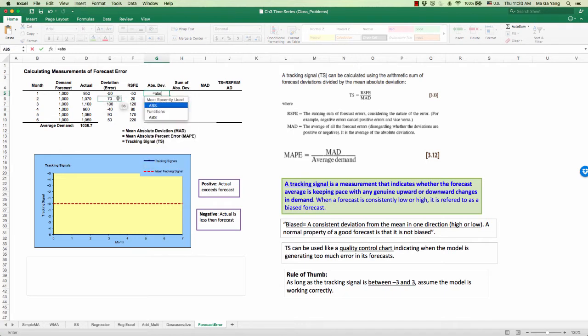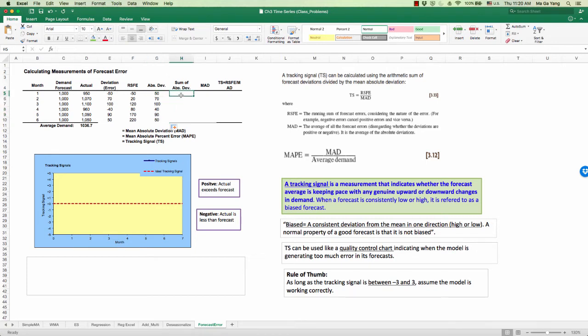Using the ABS absolute value function, it should be all positive. Only focus on the error: how much error is there between the actual demand and demand forecast?